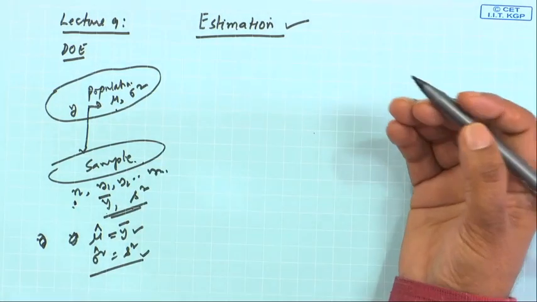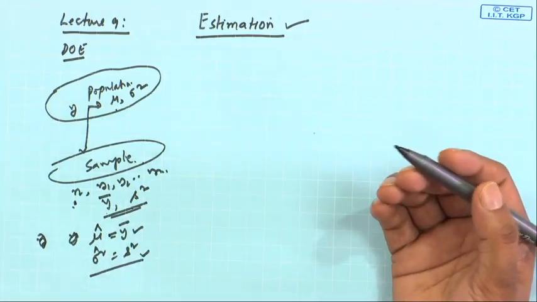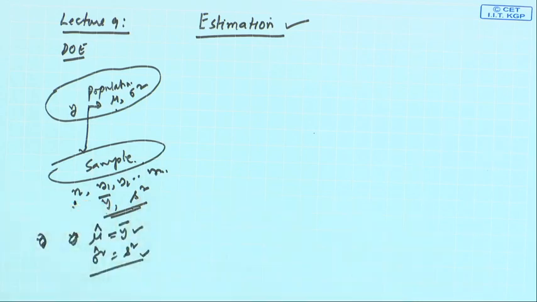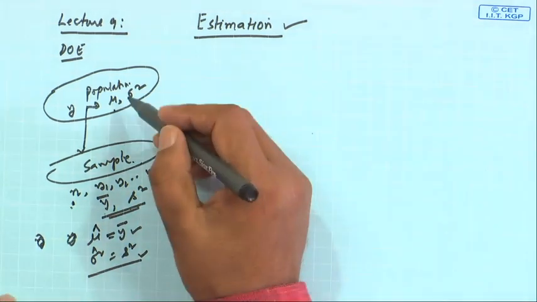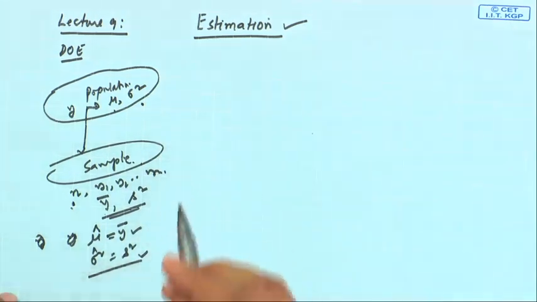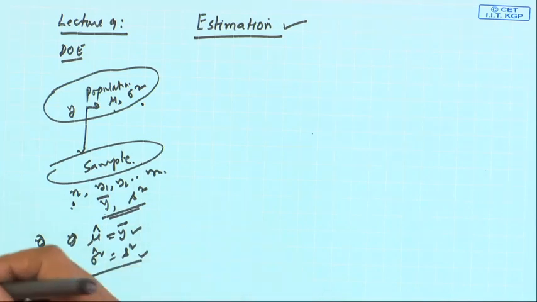Go for a third sample, the estimate value again differs. So, as a result, there will be a range of values within which the population parameters may lie. Okay. These two concepts will be discussed under estimation.